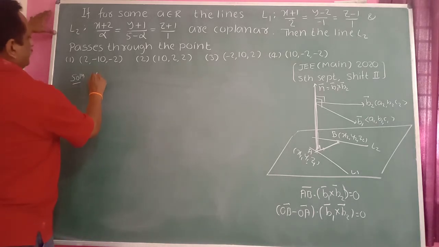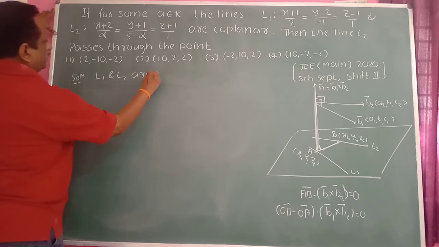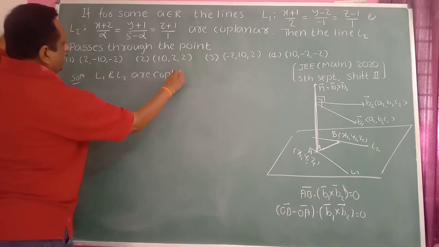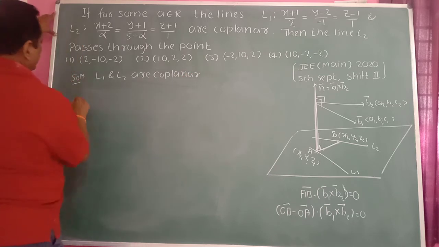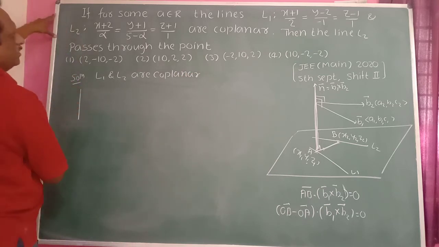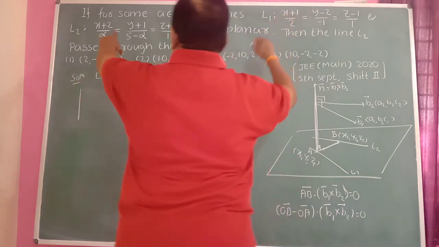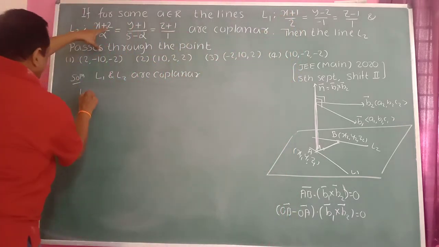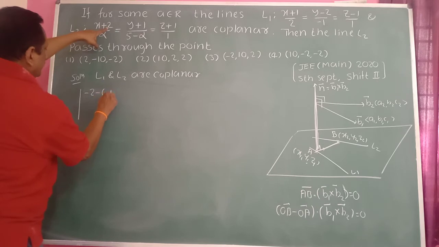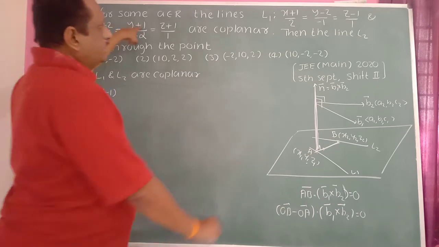So L1 and L2 are coplanar. Therefore, the determinant: so take care. Minus 2 minus of minus 1 is minus 1.